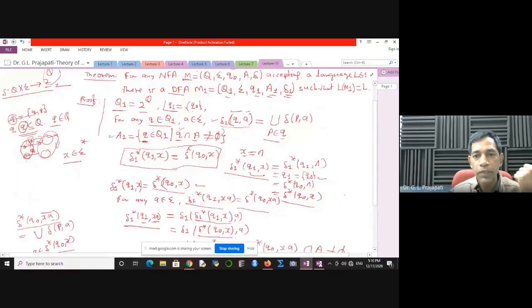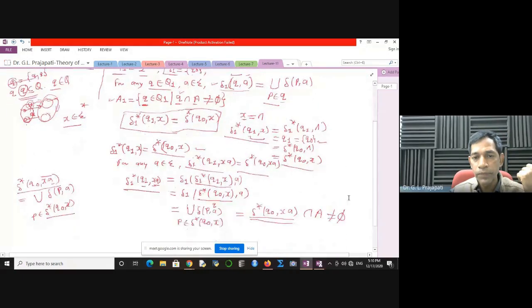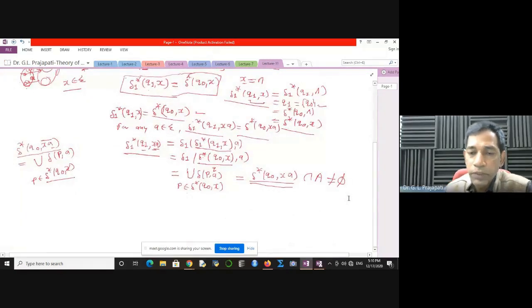Whenever you are at Q0 and you have the input xA, the output is some subset of Q, and if the intersection of this subset with A is not empty, then the string xA belongs to the language accepted by the machine MA.